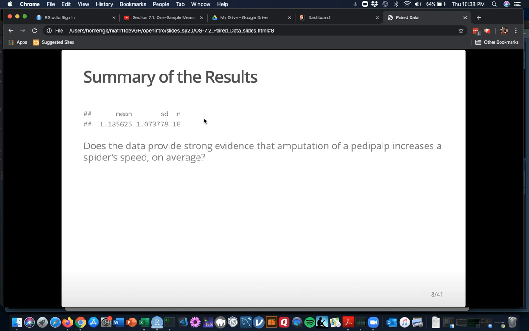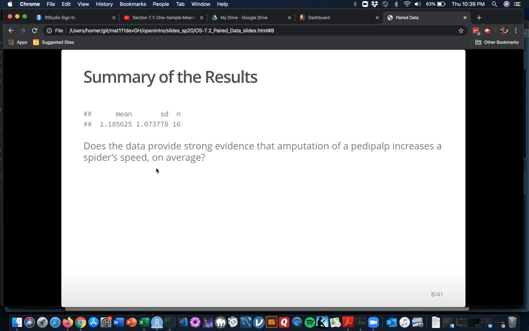And based on that summary, do you think we might have strong evidence here that amputation of a pedipalp increases a spider's speed on average? I mean, look at the sample mean. It's a positive number, 1.18 centimeters per second difference. So on average, the spiders in the study were getting a centimeter per second faster after they were amputated.